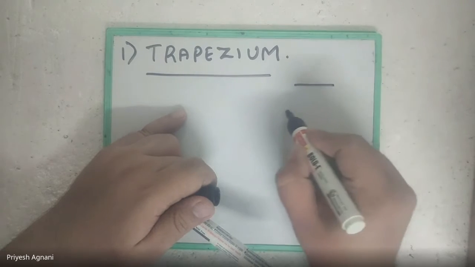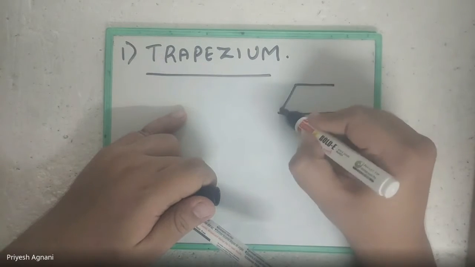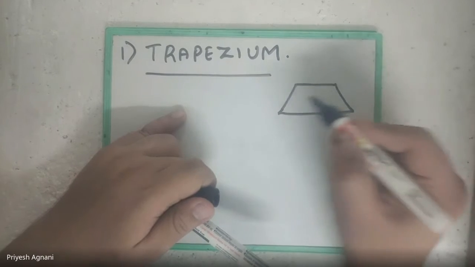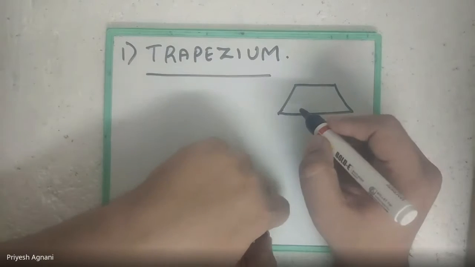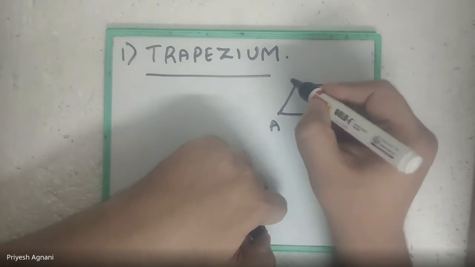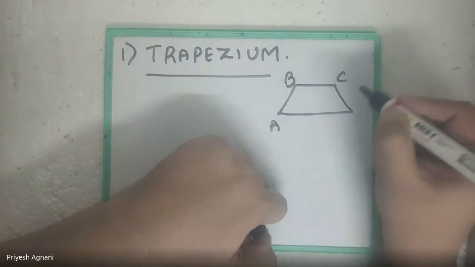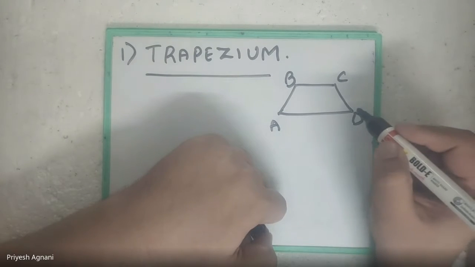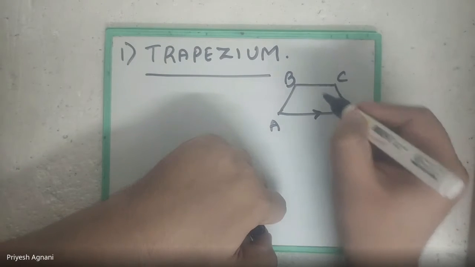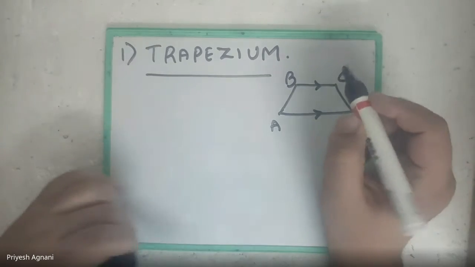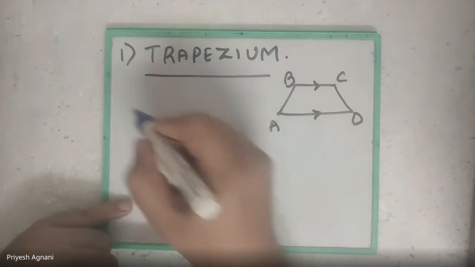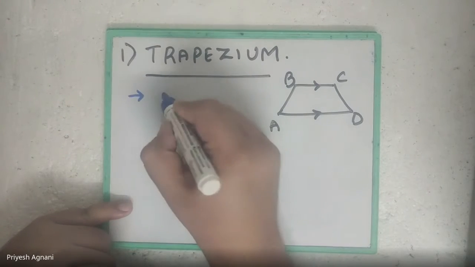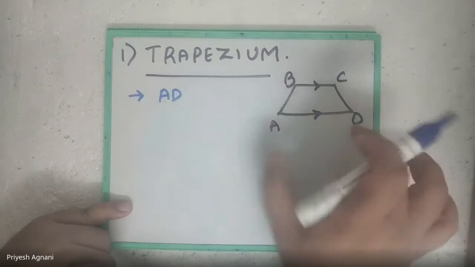There are two parallel lines. One is shorter, one is bigger. Okay, but two sides are parallel. Let us name it ABCD. These lines are parallel to each other. Here we can say that in this figure we have AD.